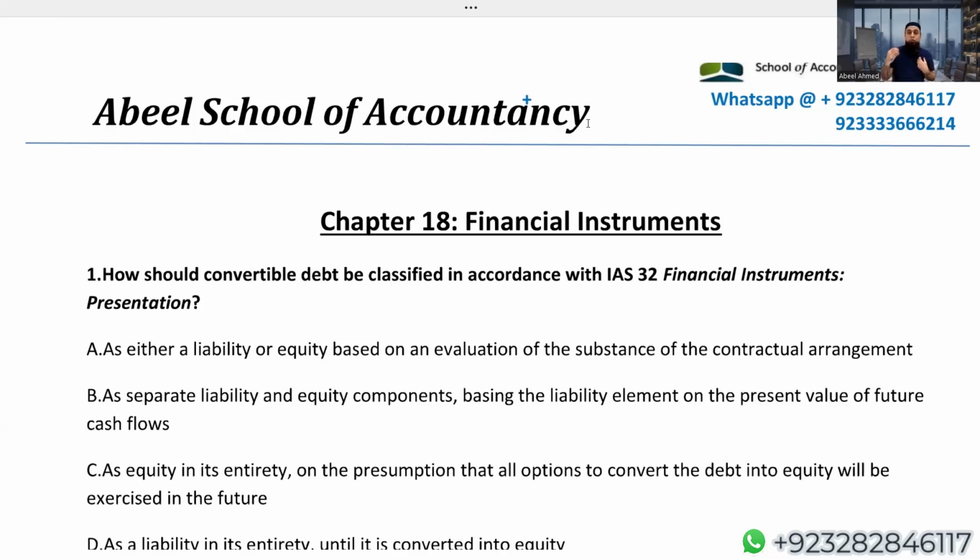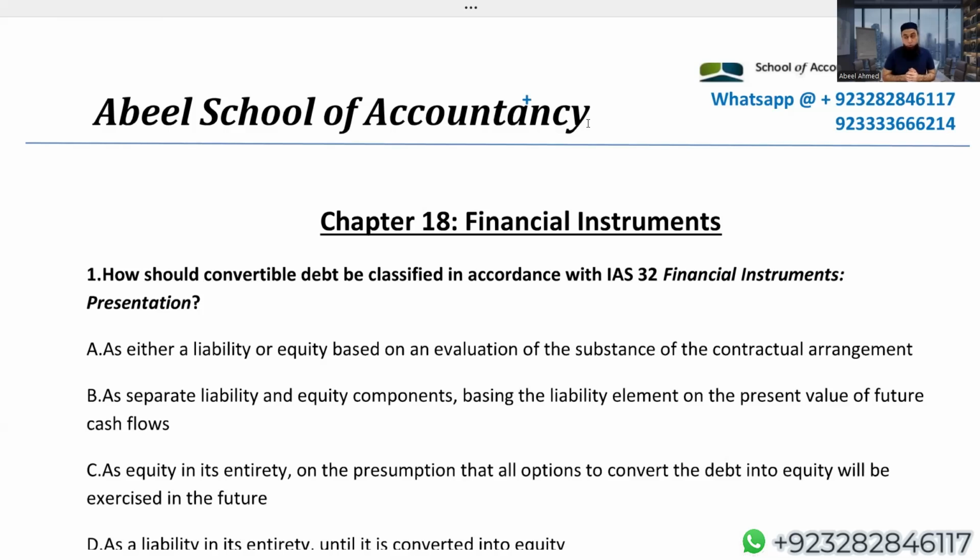The main thing is, for calculating the present value of all future cash flows, the discount rate which you will be using will be the market interest rate on debentures without the conversion option. Because I want to calculate a pure debt, pure liability. That is why I need a discount rate which does not have any conversion option.